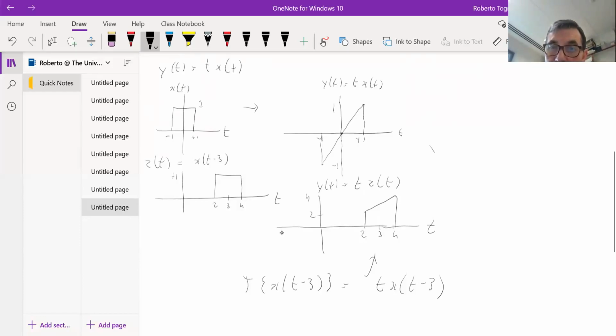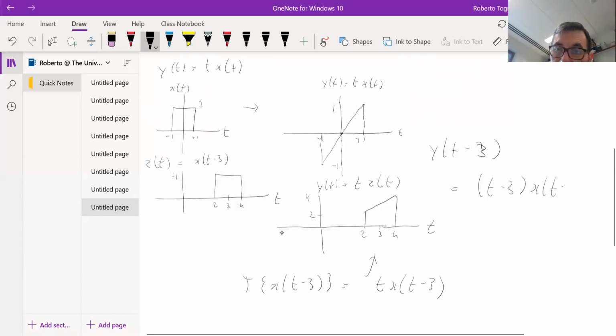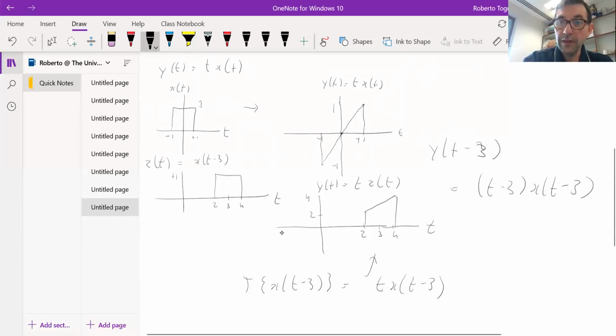However, if you look at what this one here looks like, then if that's y(t minus 3), surely that will equal this. And in fact, that's what this is. Think about it. If you plug in 1 minus 3, is that right? 1 minus 3 is -2.